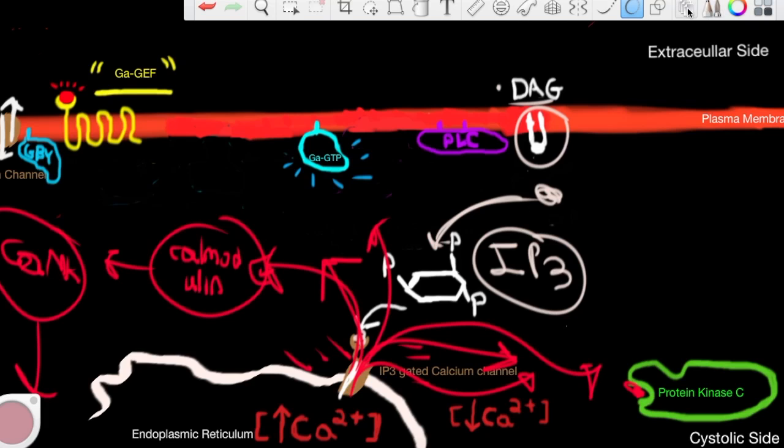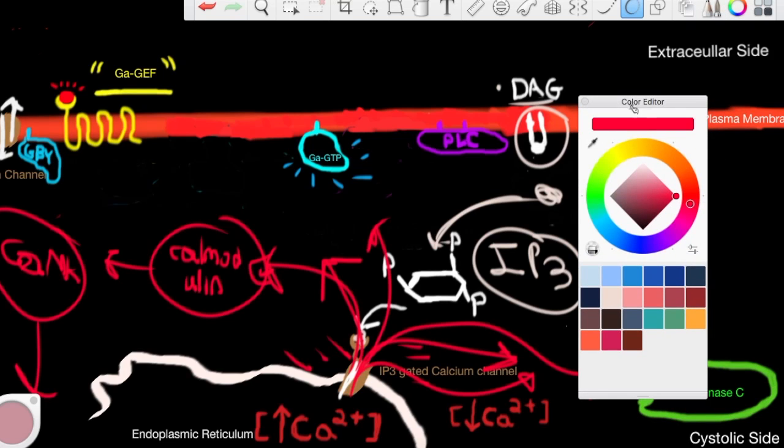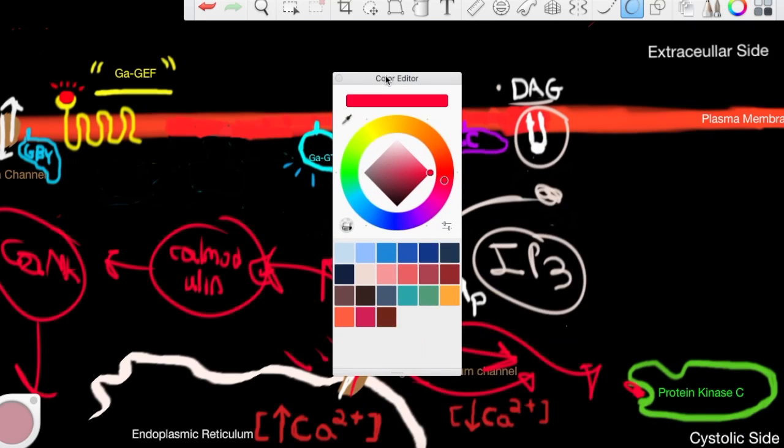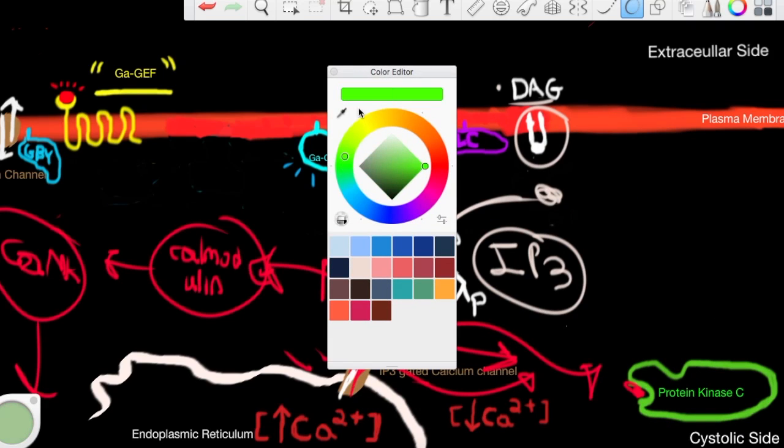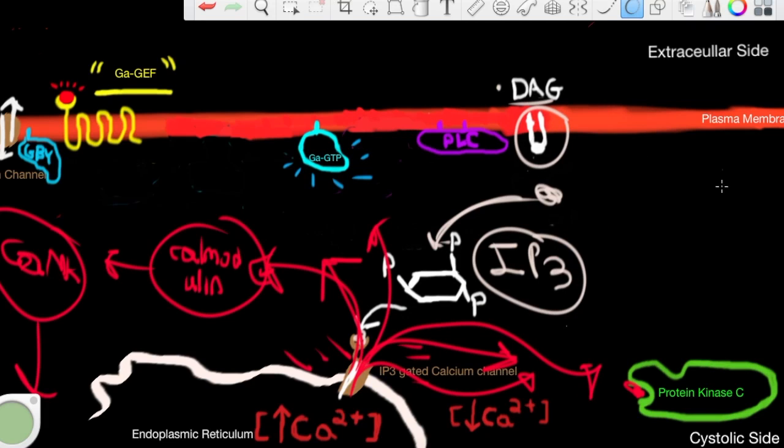It has two binding sites, one for calcium and one for diacylglycerol. But protein kinase C is not associated with the plasma membrane until calcium binds to it. Then it will start to move to the plasma membrane and find diacylglycerol and bind to it. So that's an interesting property to note.